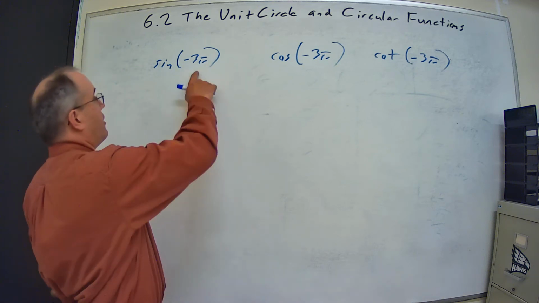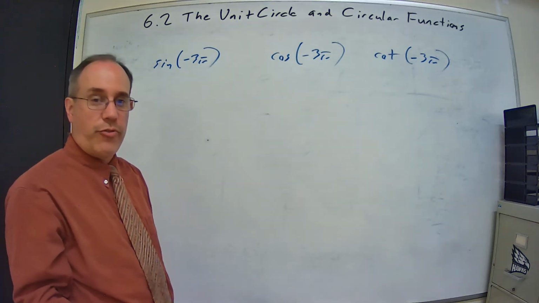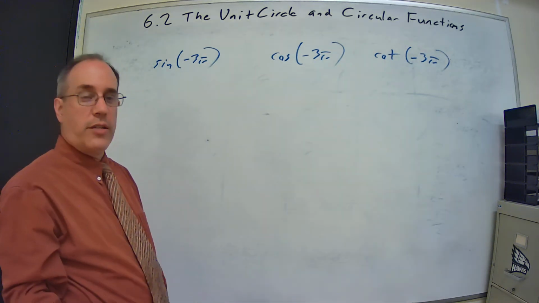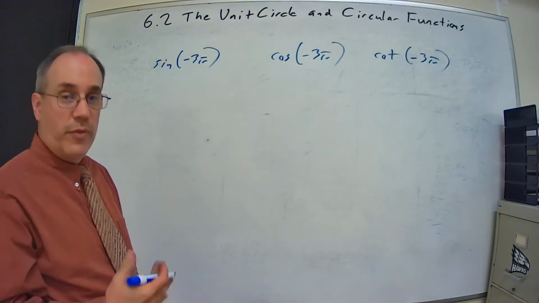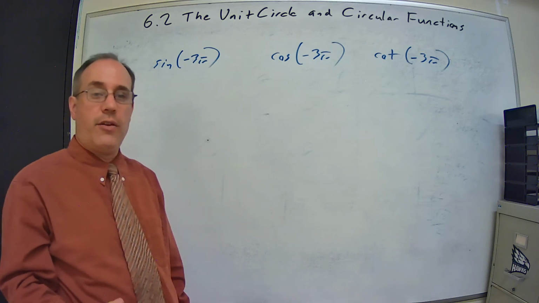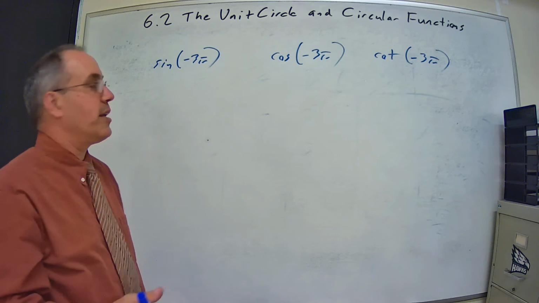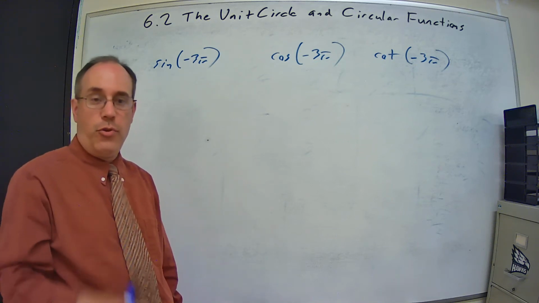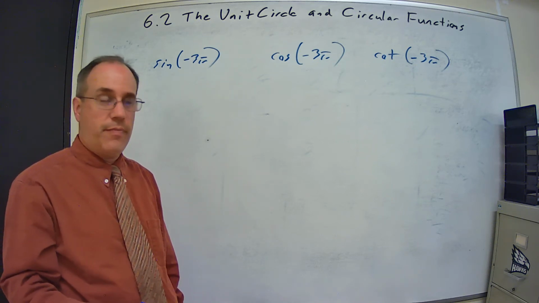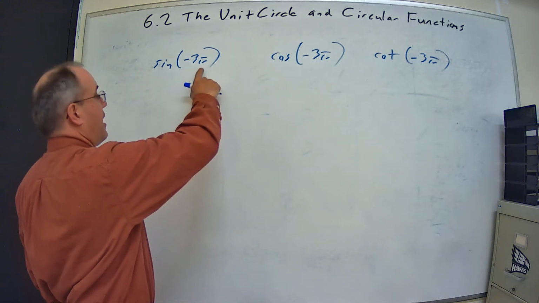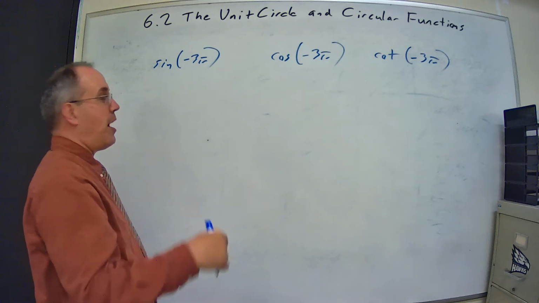One, we can find coterminal angles, right? Negative 3 pi, if we want to get to the least positive coterminal angle, then if it's negative, we can start adding 2 pi to it. So if we add 2 pi, we get negative pi. If we add 2 pi, we get positive pi.